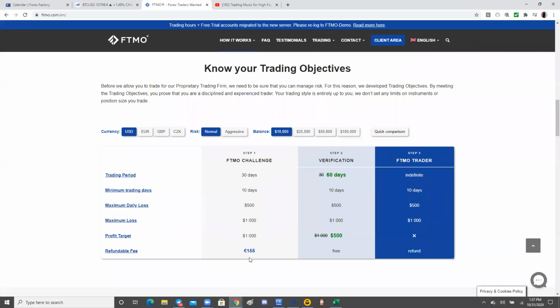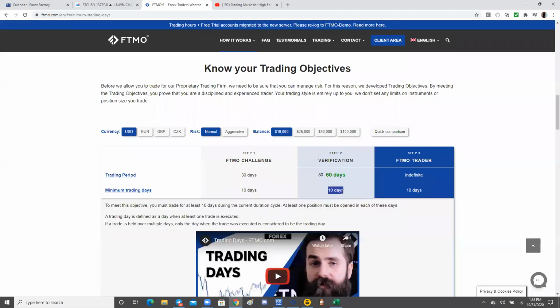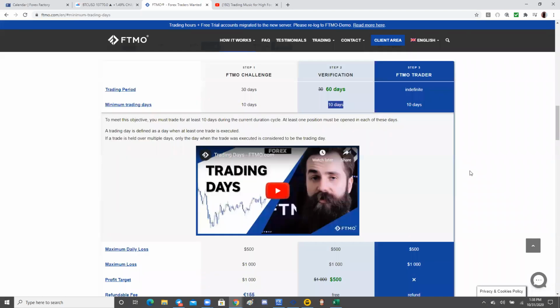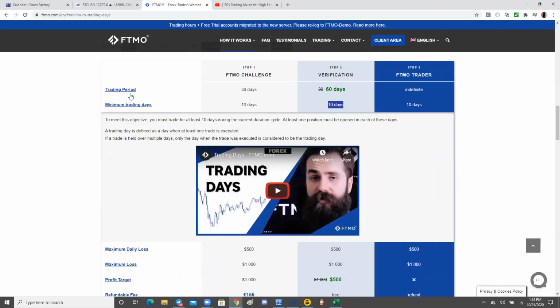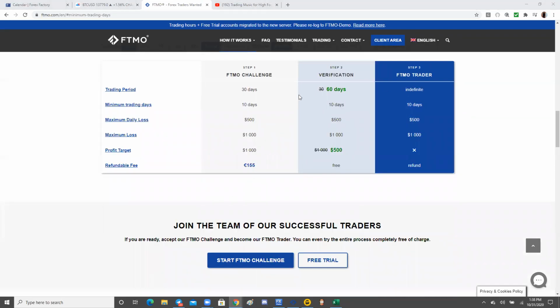Then once you have achieved that target, you go on to the second phase. You now have 60 days to achieve $500, although you can still do it in the minimum of 10 days. Even if you do it in 2 days, 1 day, etc., it does not matter. You still have to wait 10 trading days in order to be funded.